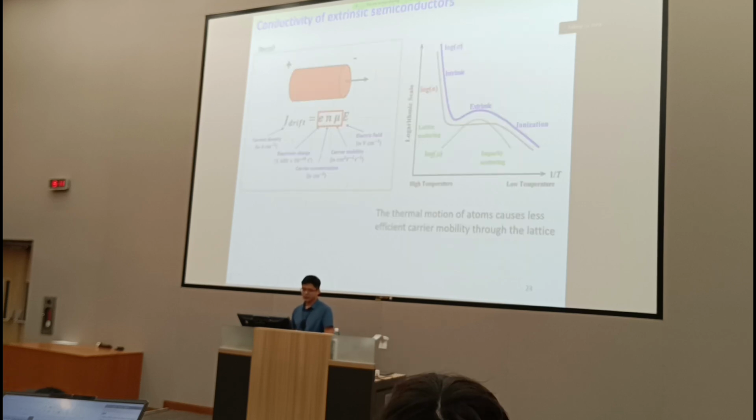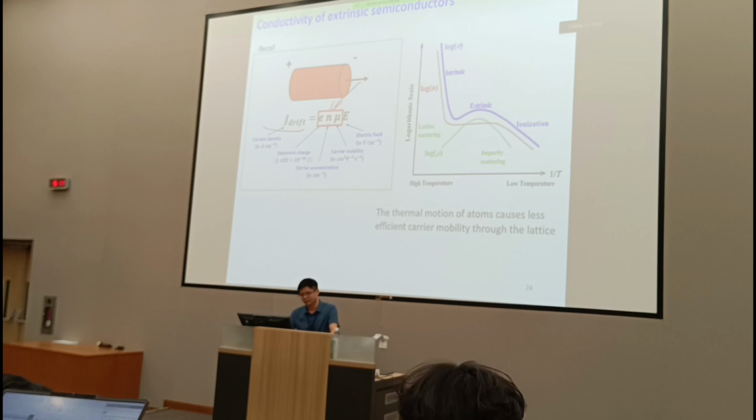Right? However, one important thing that we care about is also the current density. The current is constituted of these electrons. Right? So it associates with the number of carriers, that is the number of electrons, right? That is defined by n. The second is the electron charge, which is a constant, right?